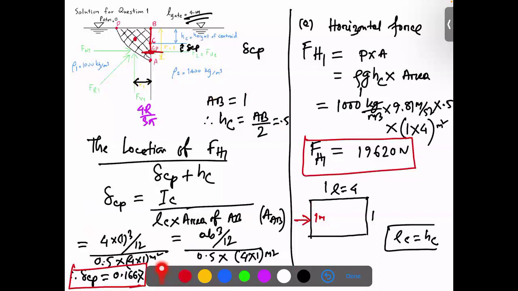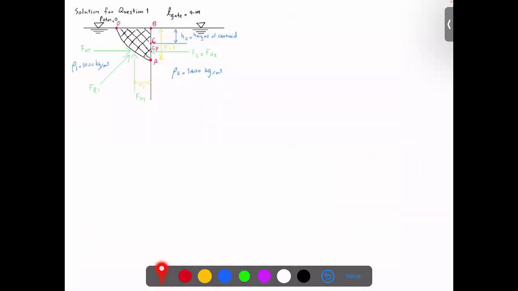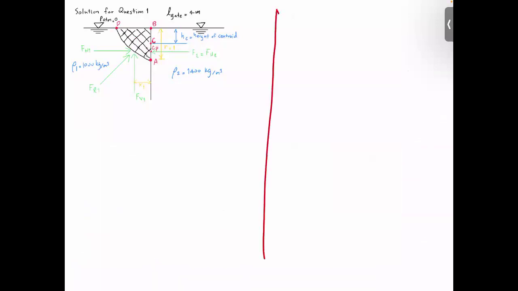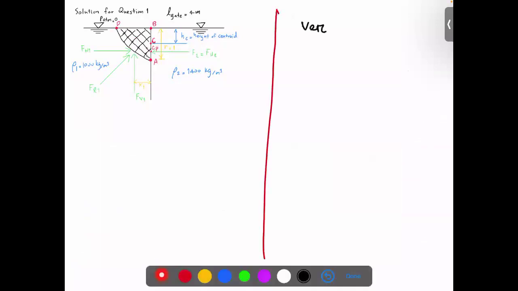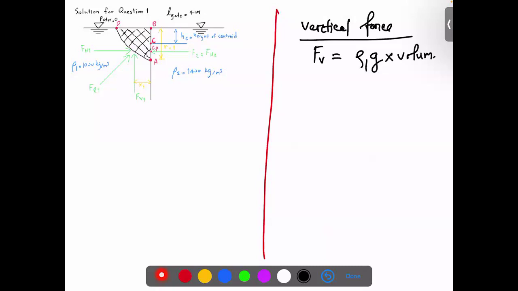Now we need to calculate the vertical force. For the vertical force, we will move to the next page. If I draw a line, for the vertical force we know from the formula F_v is equal to the weight acting on this. In other words, we can say the density, gravity, and the volume.